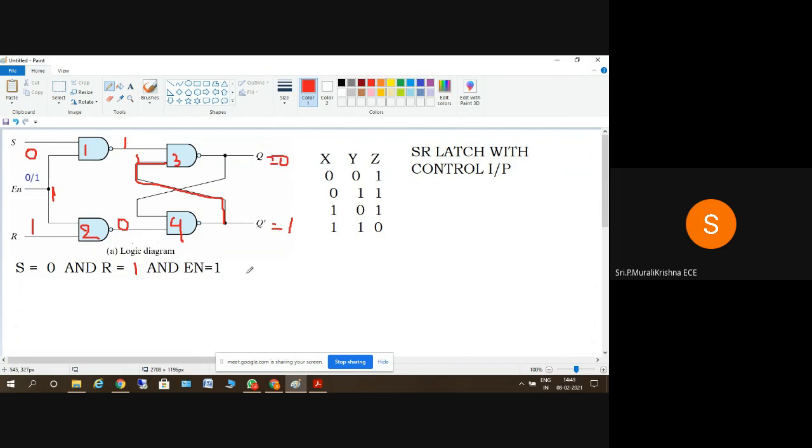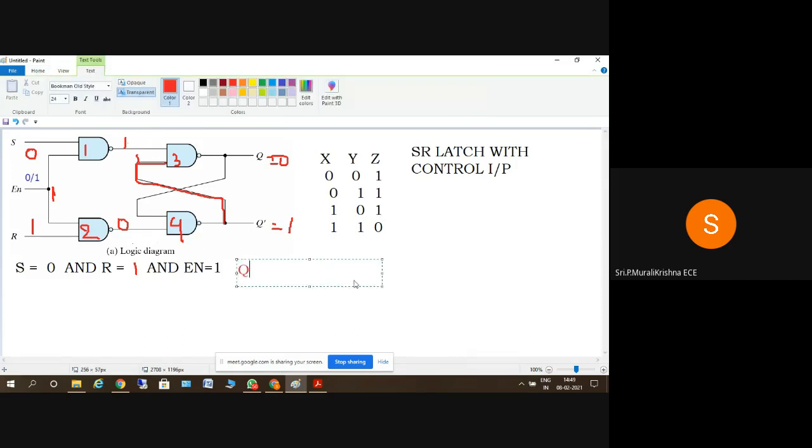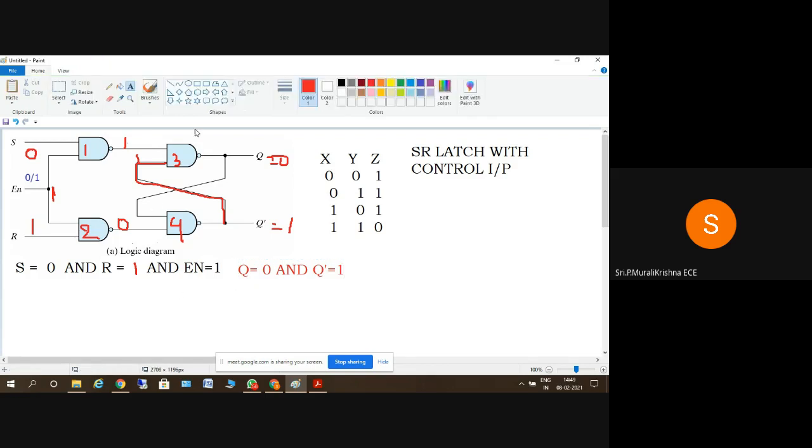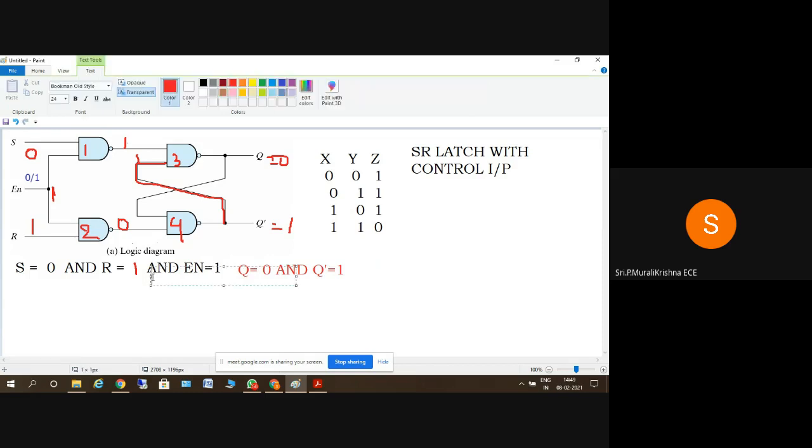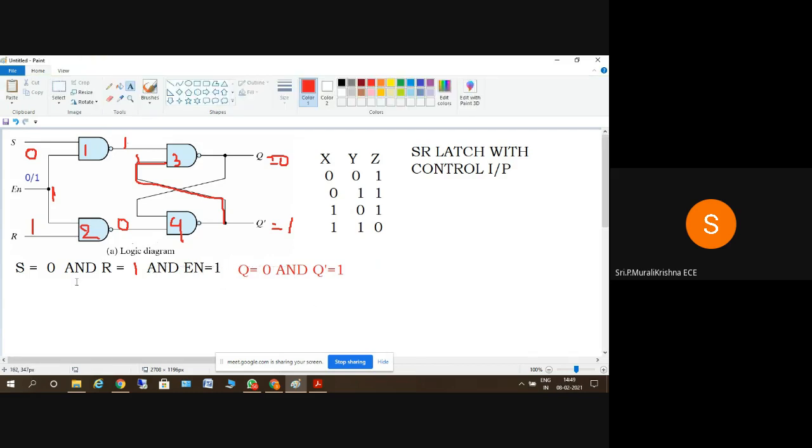Clear? Yes, sir. So I'll get Q is equal to 0 and Q bar is equal to 1.